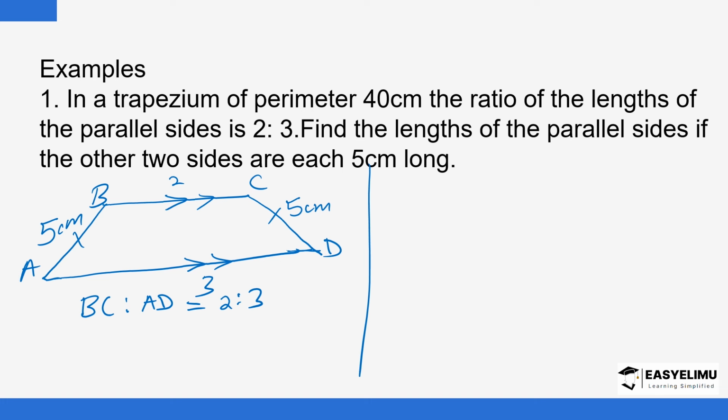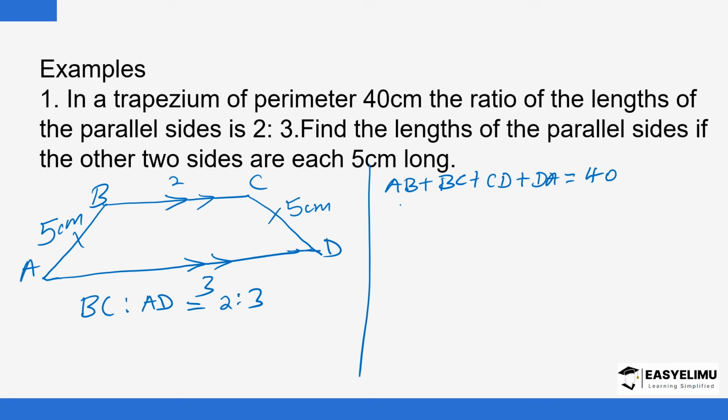Now the perimeter involves AB plus BC plus CD plus DA, and this is equal to 40.